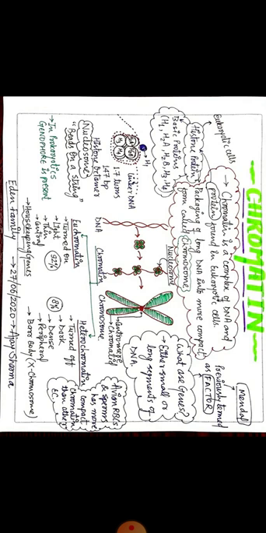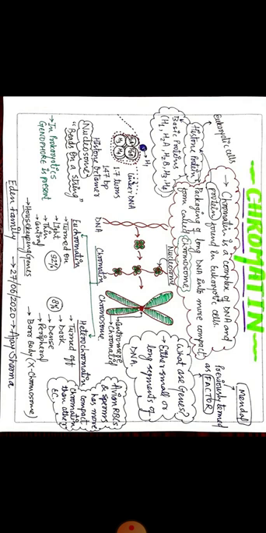All types of histone proteins are held together to form an octamer, known as the histone octamer. In this octamer, there are four types of histone proteins in the central part, but these four types are in double molecular structure, meaning 4 into 2 is equal to 8 molecules of 4 types of histone proteins.